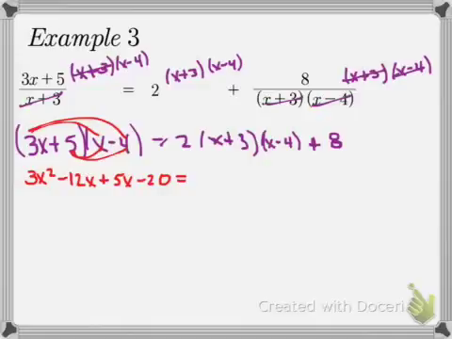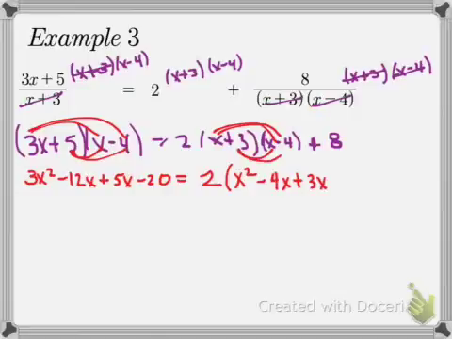Okay, that equals, over here, we have x times x, which is x squared, x times negative 4, which is negative 4x, that's 3x, and 3 times negative 4 is negative 12. Alright, so now I have a little bit of simplifying to do.